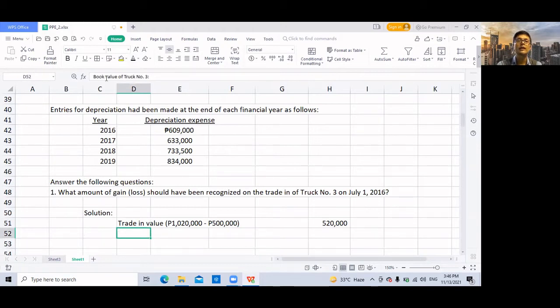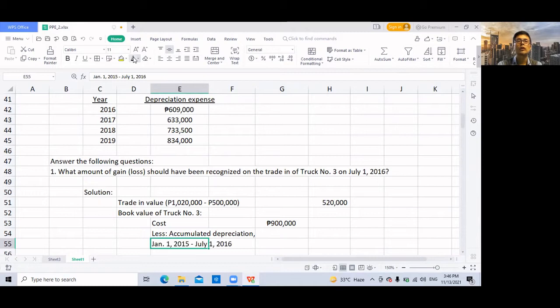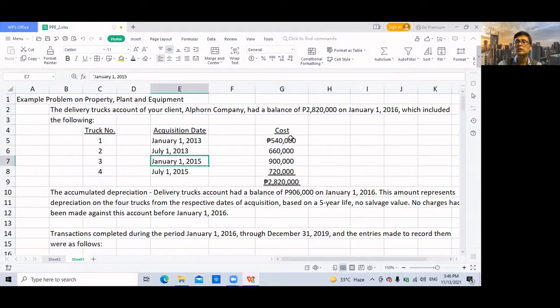Next is the book value of truck number 3. The cost of truck number 3 was, as we saw a while ago, 900,000, less accumulated depreciation from January 1 to July 1. Remember, truck number 3 was purchased on January 1, 2015.